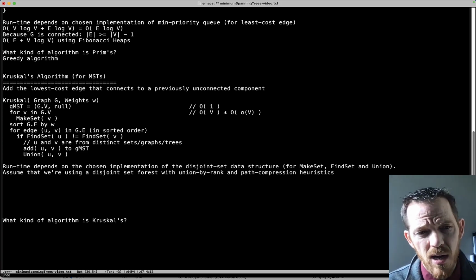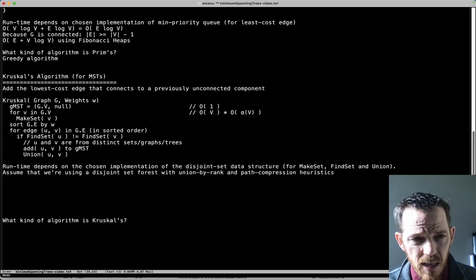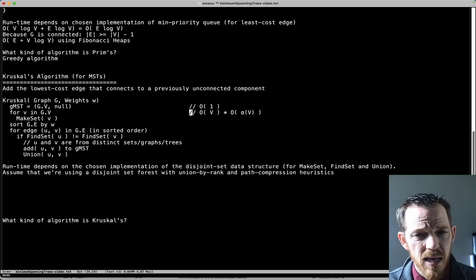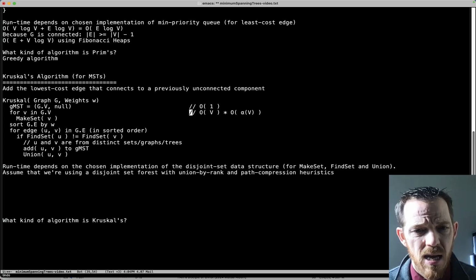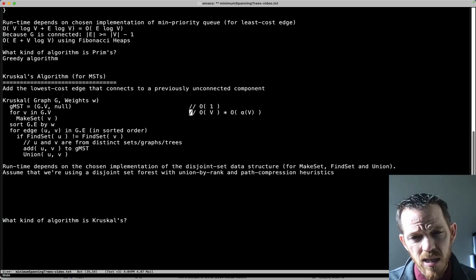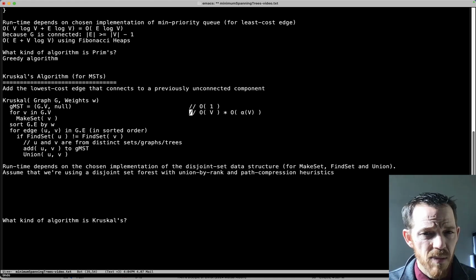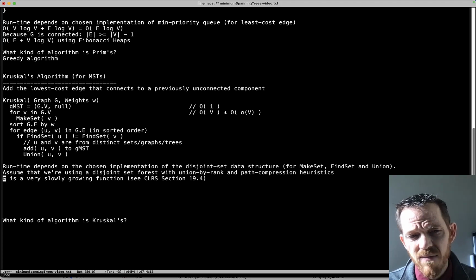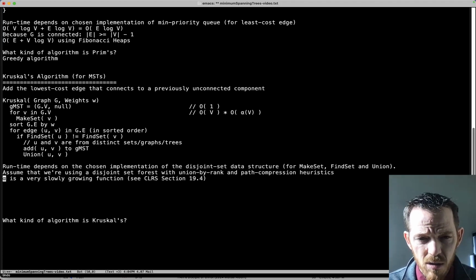And then for each of the vertices in the vertex set, we're going to have to go through them all, and each one is going to take some time to make a set. And so we're going to end up with all of these disjoint set operations collectively taking time alpha of V, where alpha is a very slowly growing function. If you want to read up more about that, you can read in Introduction to Algorithms, section 19.4.